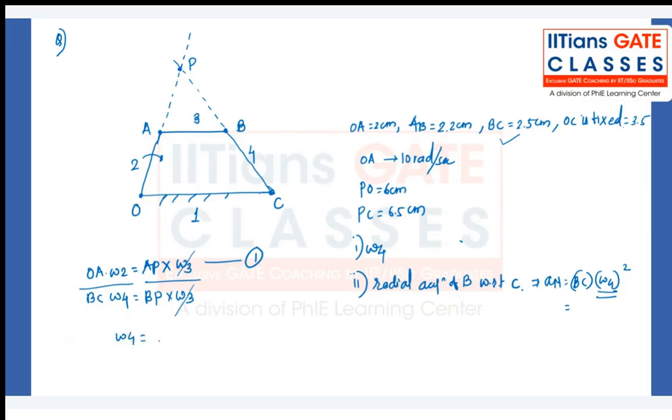So if I divide these two equations, omega 3 gets cancelled, and omega 4 we can calculate. OA is 2, omega 2 is 10, multiplied by BP. BP is 6.5 minus BC.